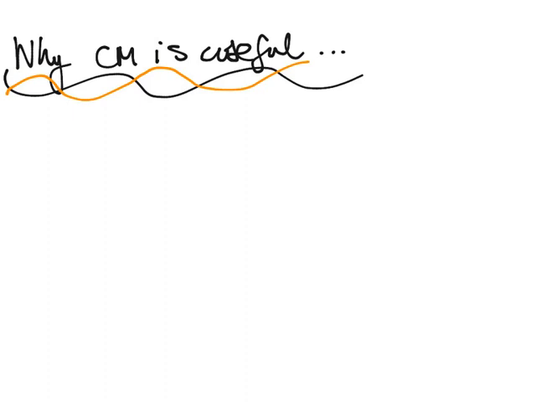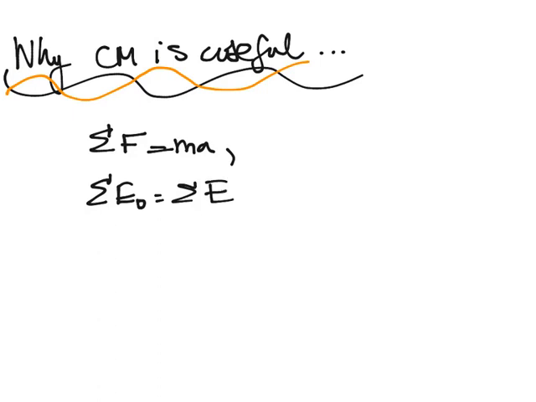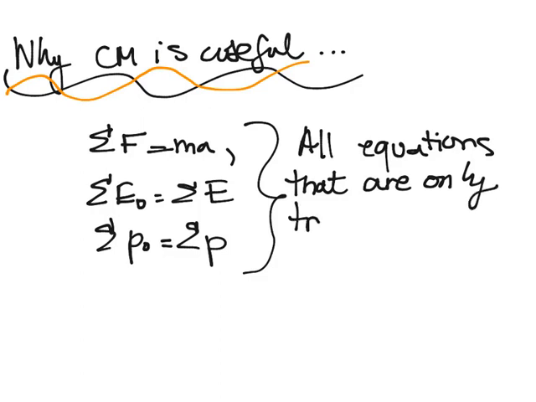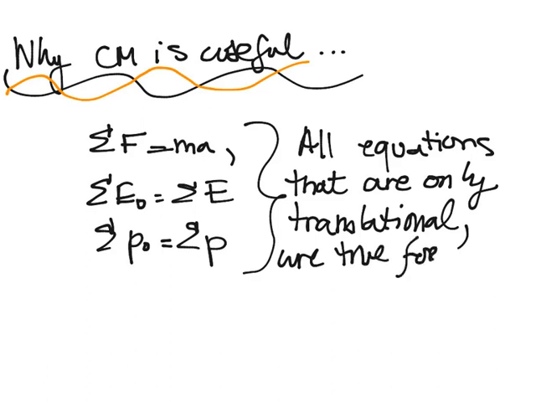The reason is that all of the equations we've ever used, so sigma F equals ma, all of our kinematics equations, all of our conservation of energy equations, sigma E naught equals sigma E, sigma P naught equals sigma P, all equations that don't deal with rotation, that are translational, are true for the center of mass of an object.